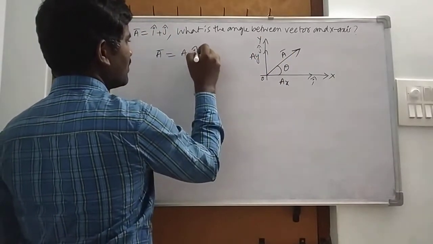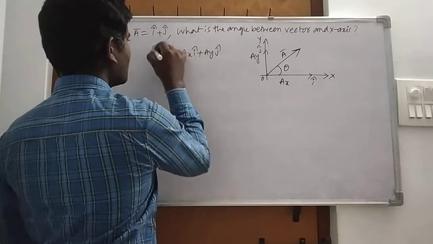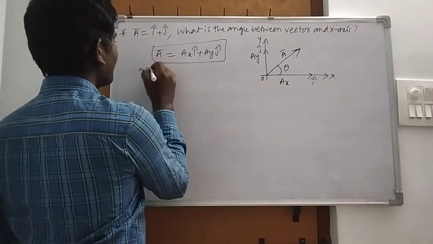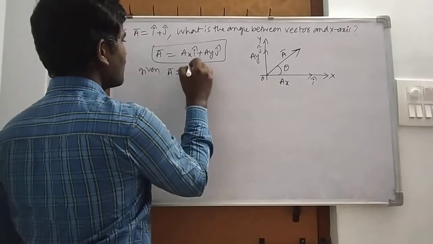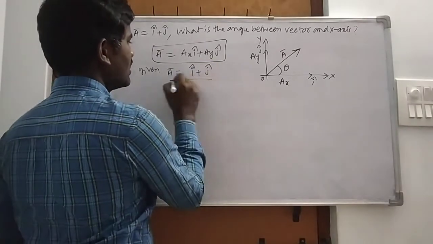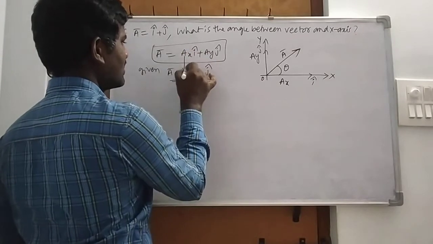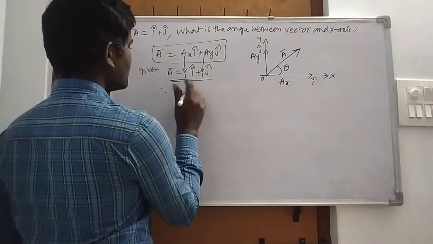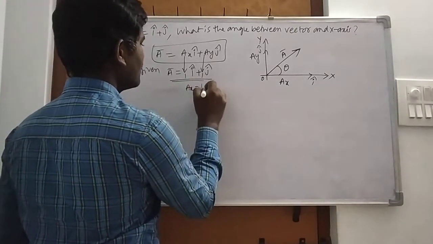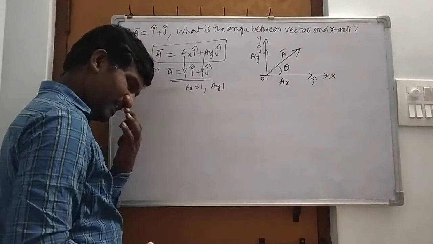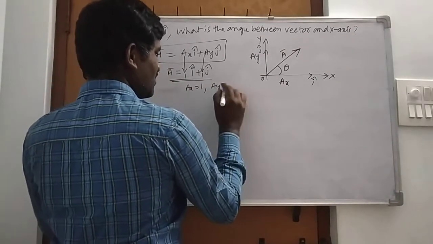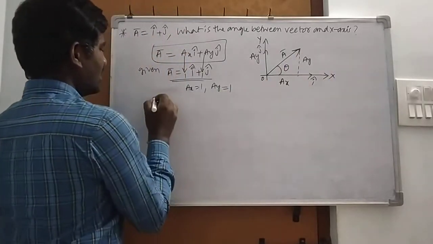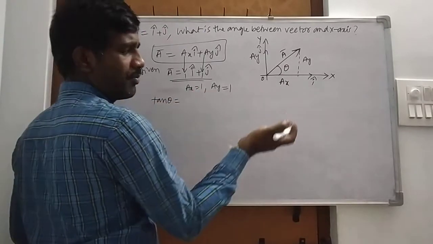A vector can be written as Ax I cap plus Ay J cap. That is from the diagram. But what has been given is A bar equals I cap plus J cap. So if you observe here, in the place of Ax there is 1, and in the place of Ay there is 1. Therefore Ax is equal to 1, Ay is equal to 1. So tan theta is equal to opposite by base.